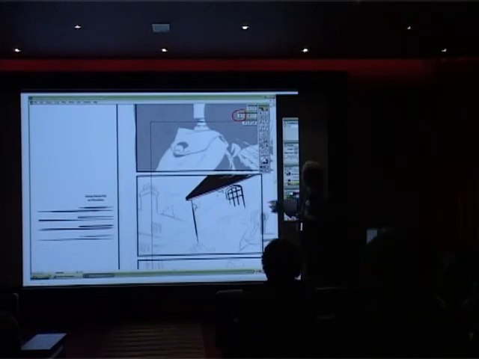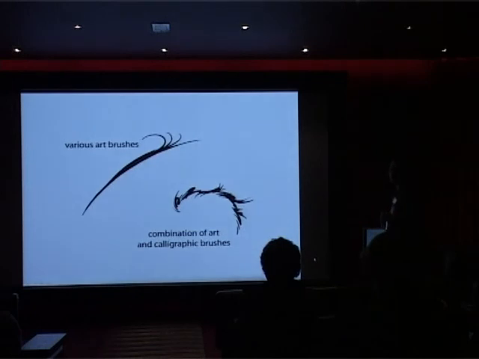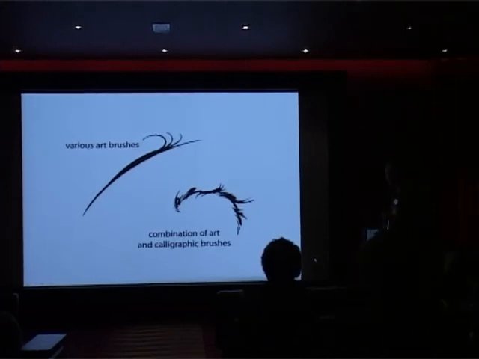And I tend to do more mechanical stuff with these brushes, just because it gives it a more organic look to it. But you can combine the brushes in any way you want. So at the top left here, we've got various art brushes, different thicknesses and different variations. But at the bottom, I've used a combination of these textured art brushes and calligraphic brushes to create quite a nice texture.